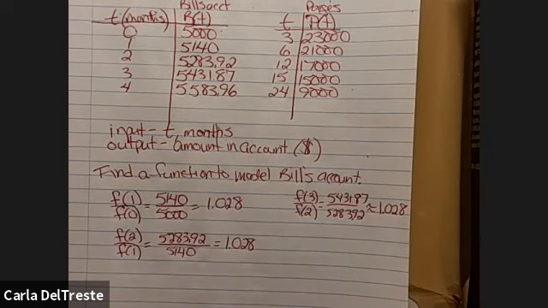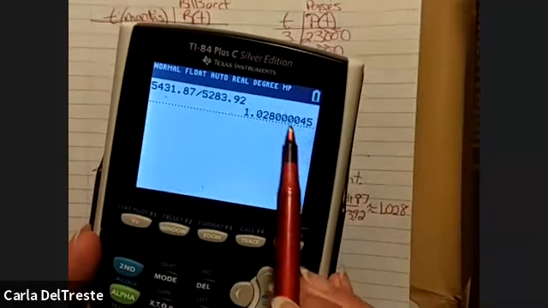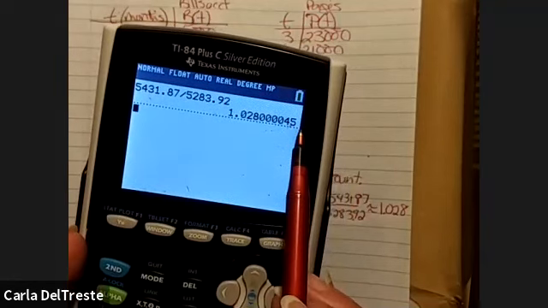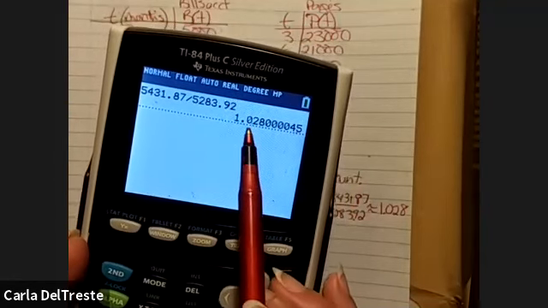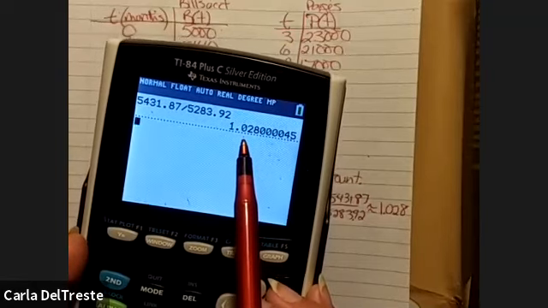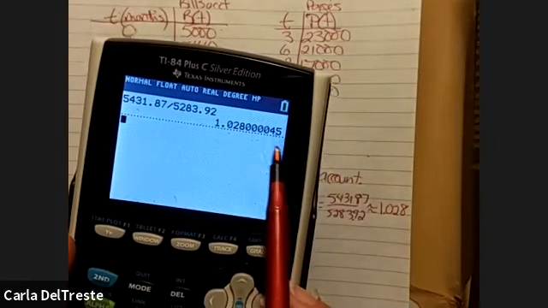Okay, so just to illustrate what we get here, 5,431.87 divided by 5,283.92. Okay, it's not exact, but it's only off by 0.000045. Okay, that's essentially 1.028. All right, it's not like one of the ones in the previous videos where it's not close. Okay, this is very, very close.